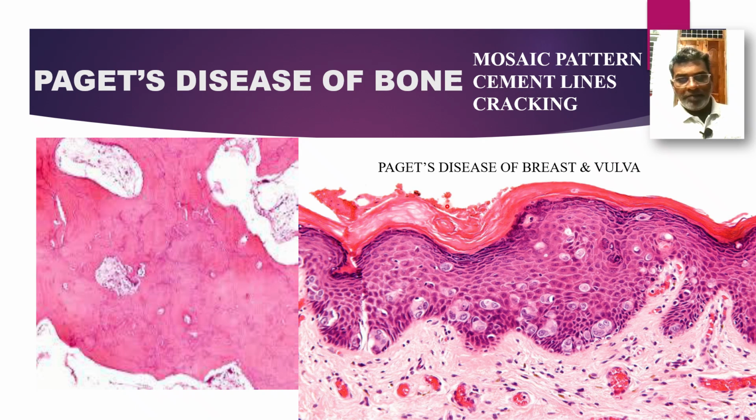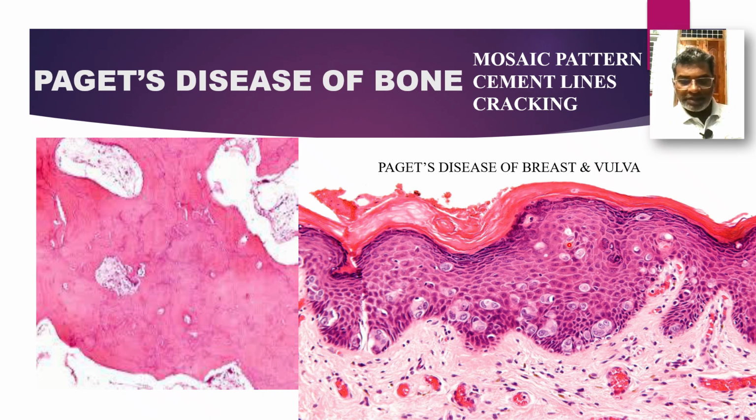But in Paget's disease of breast and vulva, you see all the cells, right? And this is stromal cells. Malignant cells, if you appreciate, they are dull, right? These cells are called Paget cells. From here, all the malignant cells are coming into this region.